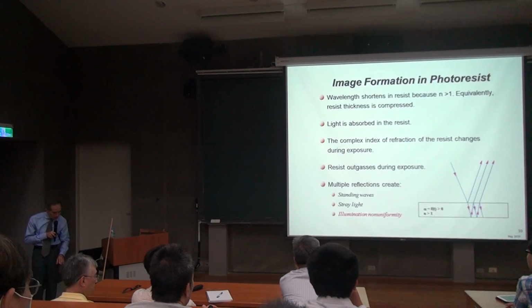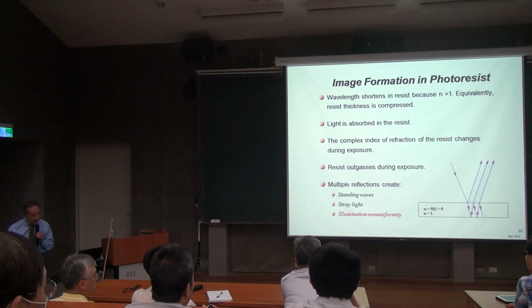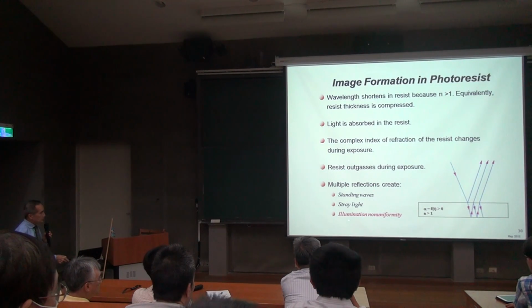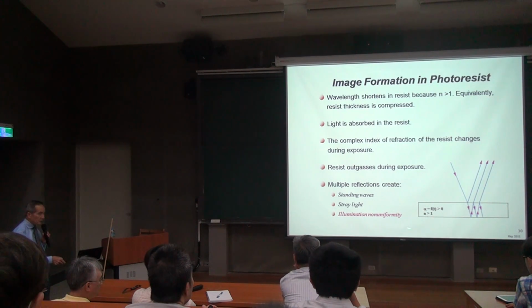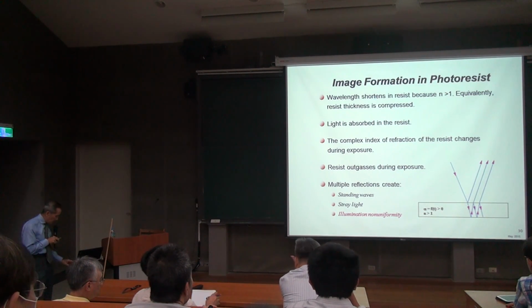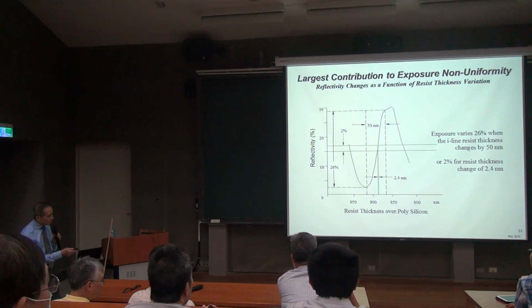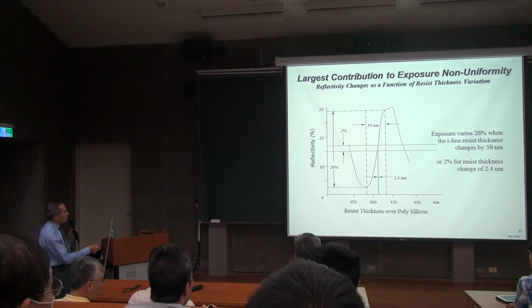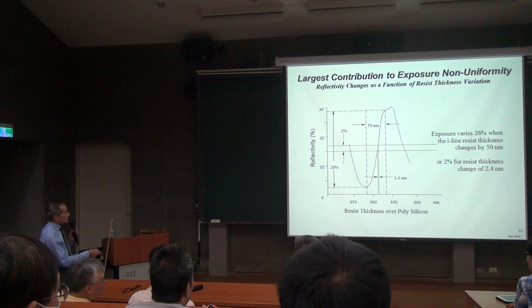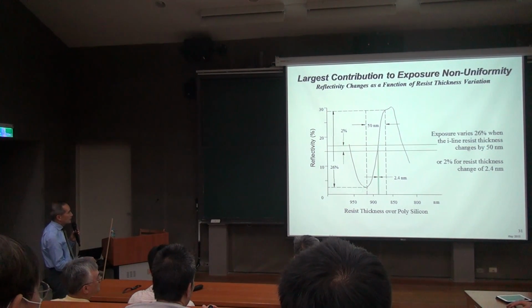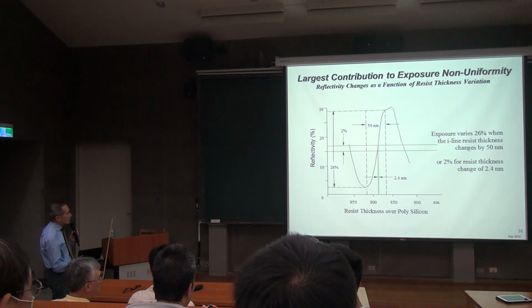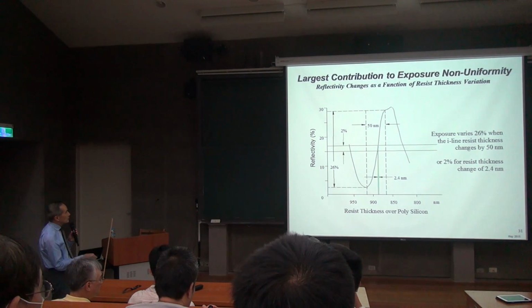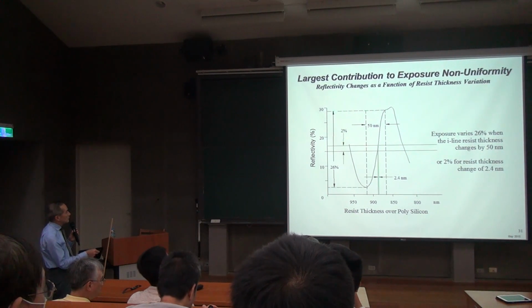Okay, so the third, and the most important thing, is that the resist has illumination non-uniformity. Let's explain what's going on. When you go into the resist, there's a standing wave, right? Then in the dark part you get this intensity, in the bright part you get this intensity, which is a total of 26%.